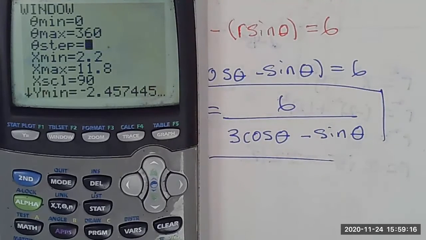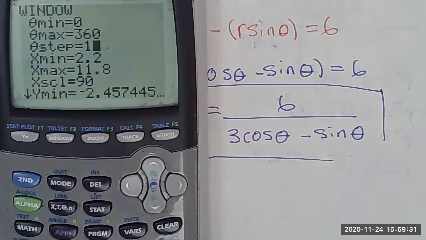I like to do 0. Okay, fine. We'll start with 0. Then after that, what do you want to plug in? I don't know. How about 1? Like every 1 degree. All right, well, that's fine. We'll see what happens. It turns out when we put 1 there, that means every 1 degree. It'll plot 361 dots is what that's going to do. It's going to take a little bit of time because it's thinking and calculating and plotting.